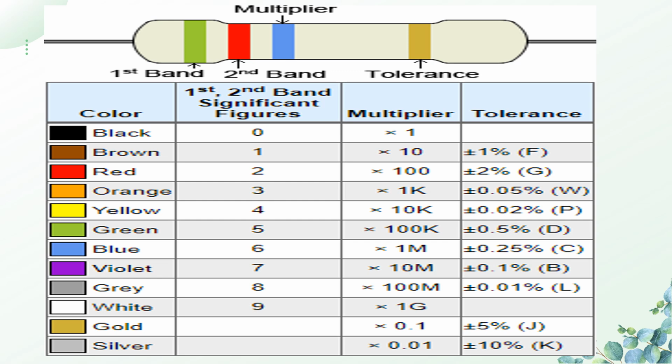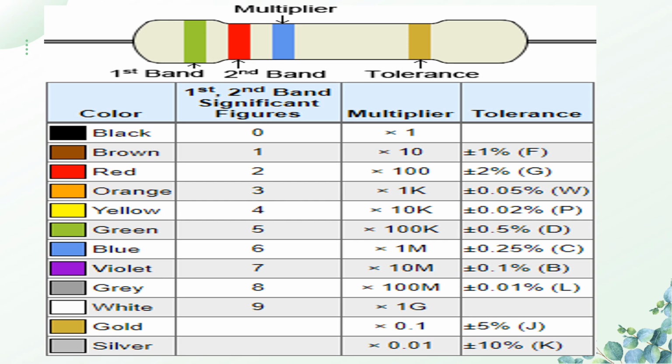Just consider the resistor consists of 4 bands. The first band represents the first digit, the second band represents the second digit, and the third band represents the multiplier. For example, if we have green, red and blue colors in a resistor, then green represents the first digit.